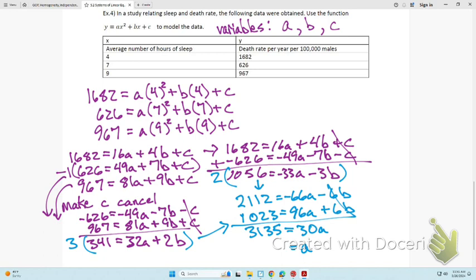Divide both sides by 30, and we get 104.5.